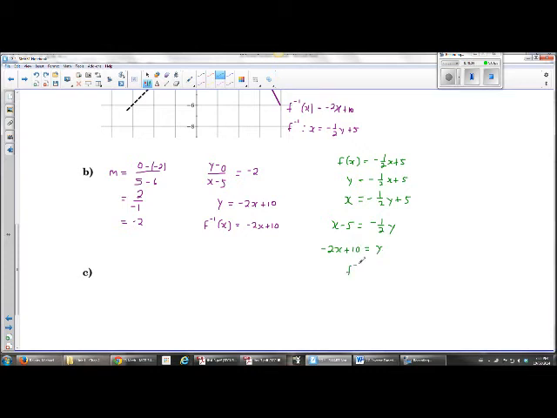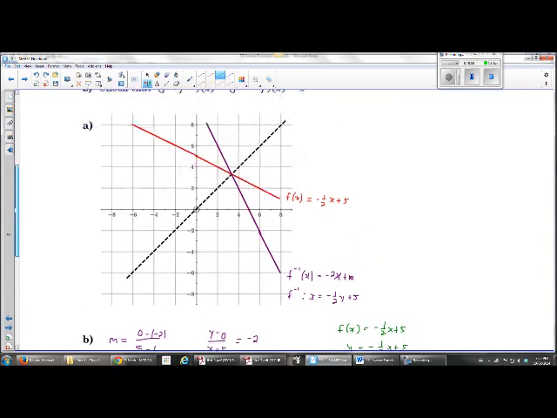So f inverse has been confirmed to be negative 2x plus 10, just like over here.